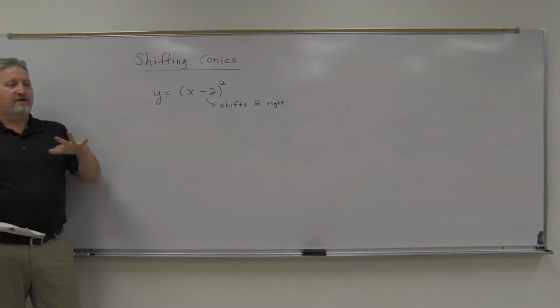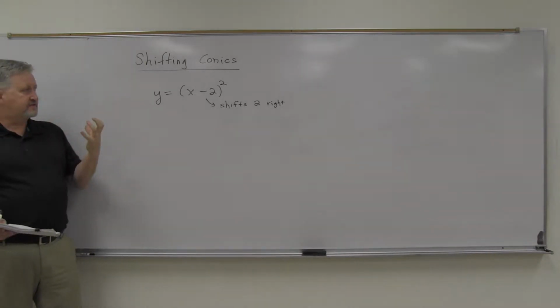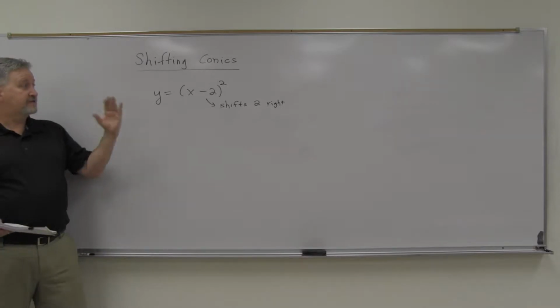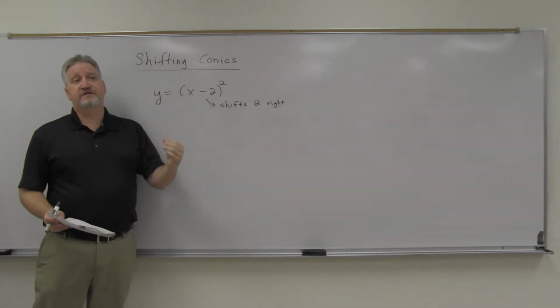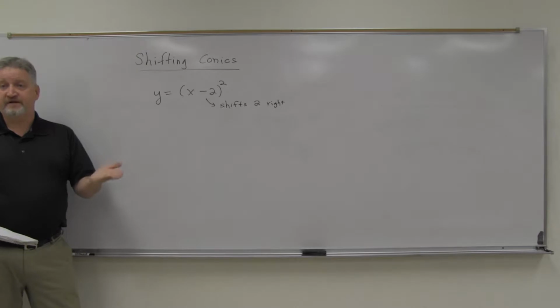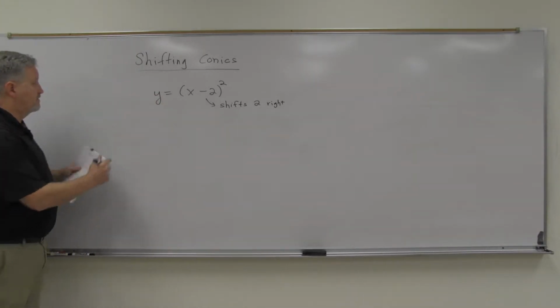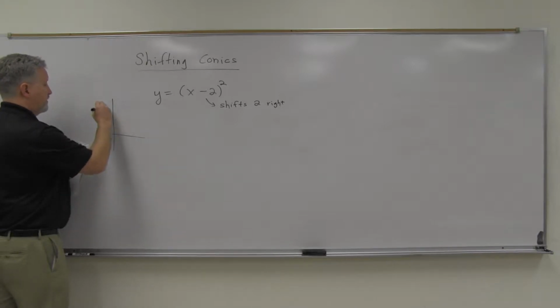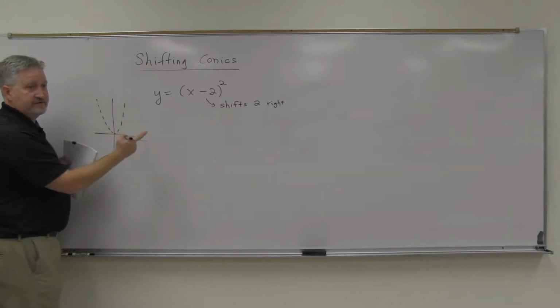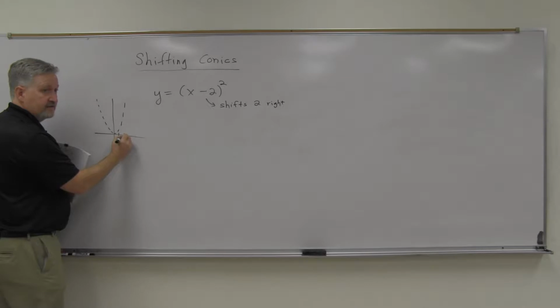And the other thing we could talk about there that's kind of applicable here is specifically one point that shifts 2 to the right, the vertex, right? The vertex for x squared is 0, 0. This vertex, where is it? Well, it's 2 to the right, 2, 0.